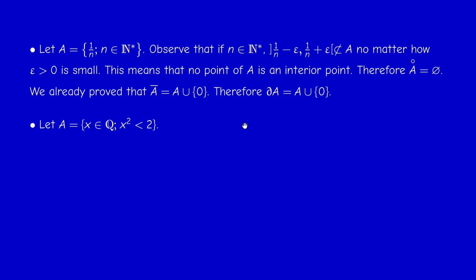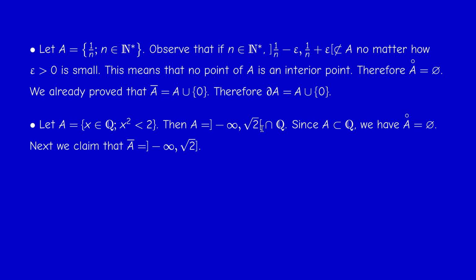That's it. Last set, the set of rational numbers whose square is less than 2, which is precisely the intersection of the rational numbers with the open interval minus infinity, radical 2. Now, once again, since A is a subset of Q, there can be no non-trivial interval in A. So the interior of A is empty, because every open non-trivial interval contains irrational numbers, so it cannot be contained in Q. And I claim now that the closure is the closed interval minus infinity, radical 2.